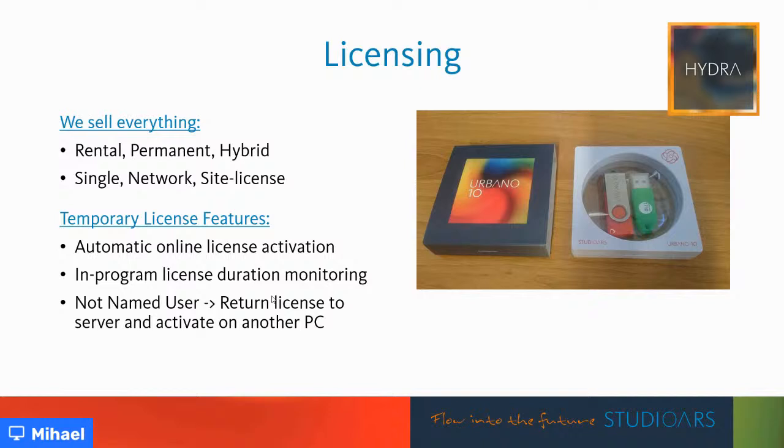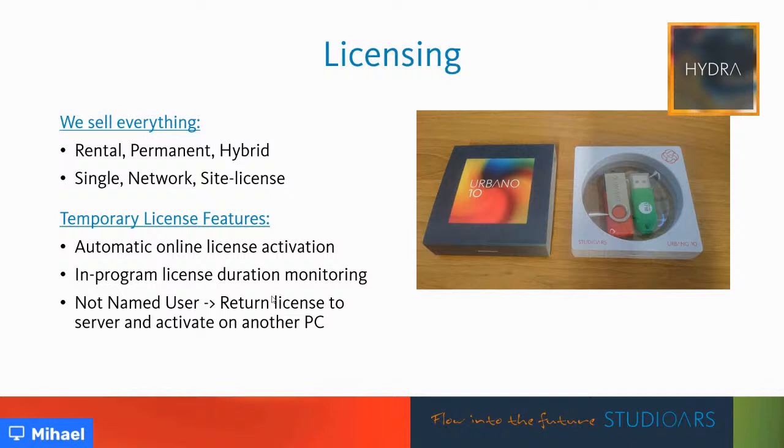A very quick word about licensing. In essence, we sell everything, so rentals, permanents, hybrid licenses, and so on. I would just emphasize one thing. The Urbano license is not a named user license. With the new online system, where all the licensing is essentially automatic, you can just return the license to the server on one PC and activate it on another PC.